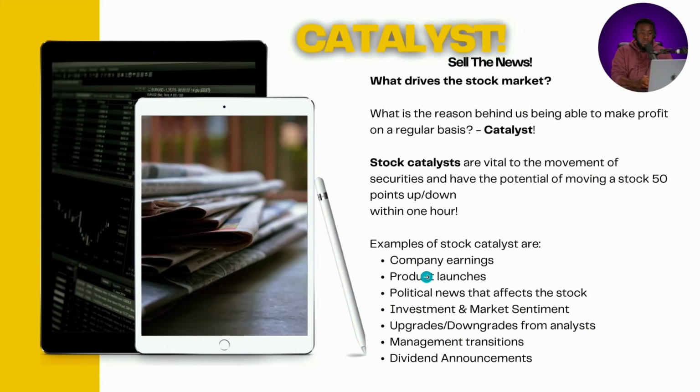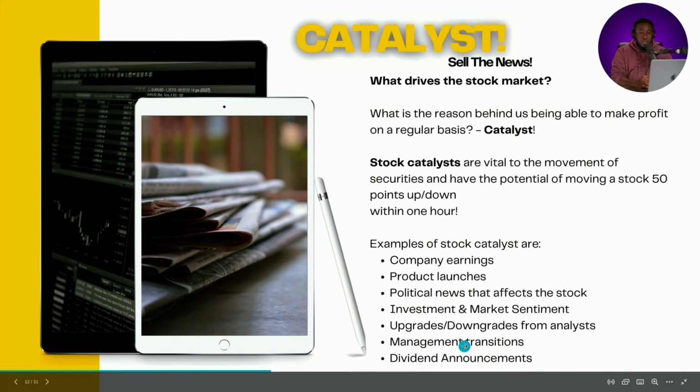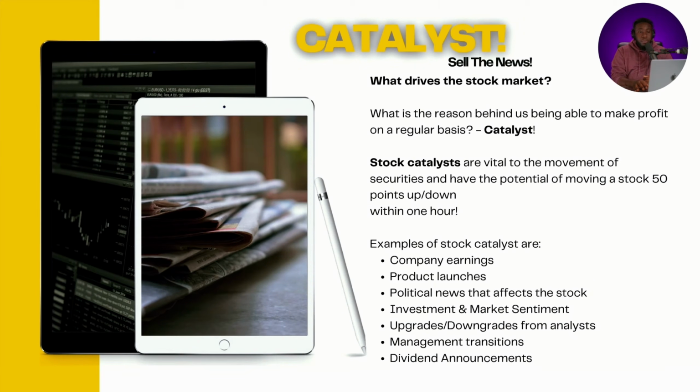And here below, we have a couple examples of these catalysts. We have company earnings. We have product launches, okay? Political news, that's what I just referred to, okay? Investment and market sentiment, upgrades and downgrades, management transitions. So there are so many different catalysts that can occur in the stock market. You want to be very aware of these catalysts so that you can position yourself correctly.